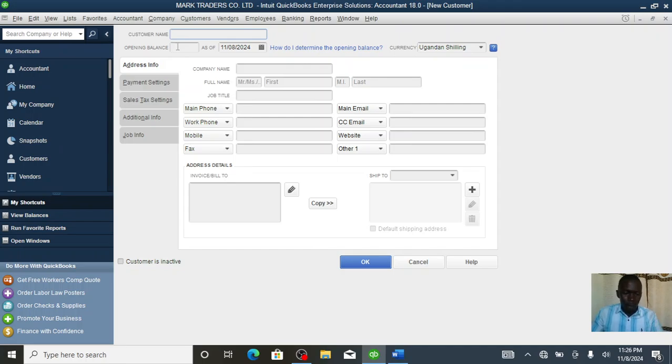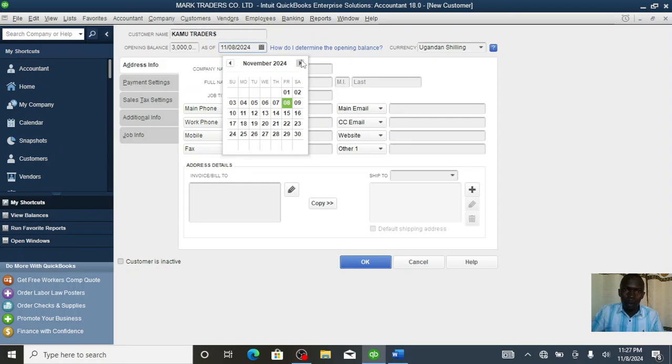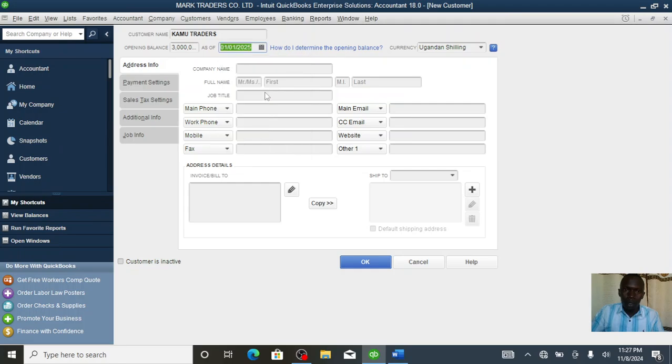Our first customer is COMPUTERIZED. The opening balance is 3 million, 1, 2, 3, 4, 6. Our opening date is 1st January 2023.